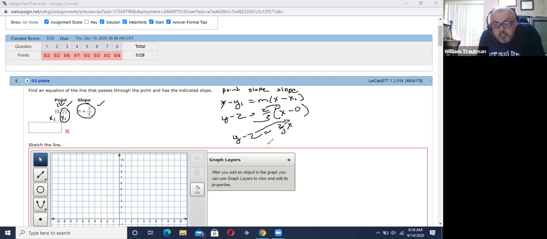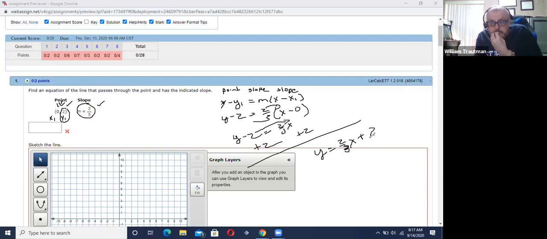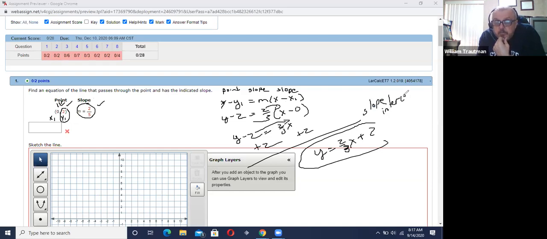I then take the 2 over to the other side. And y equals 2/3 x plus 2. And this is the answer in slope intercept form.